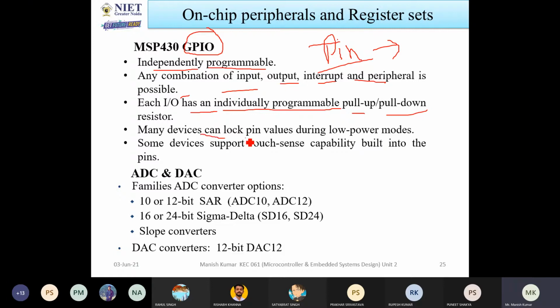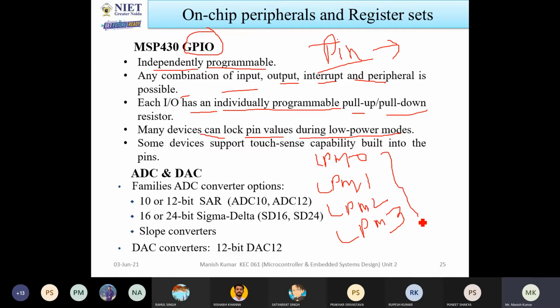Many devices can lock pin values during low power modes. I already told you there are several low power modes available for MSP430, like low power mode 0, low power mode 1, low power mode 2, low power mode 3. So there are different types of low power modes. In these low power modes, you are going to switch off the various clocks.